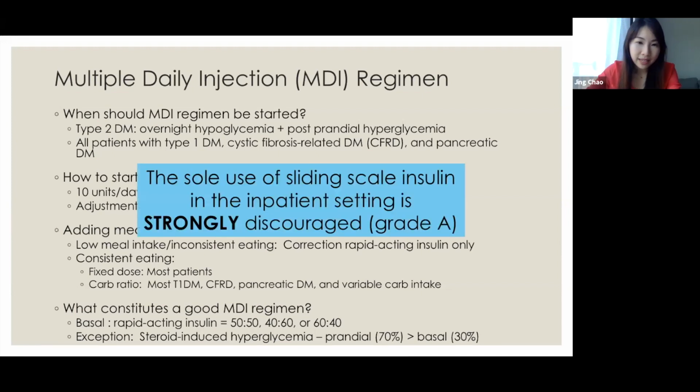So at this moment, I want to stop and give you a word of caution. As a sophisticated clinician, you need to know that the sole use of sliding scale insulin in the inpatient setting or also in the outpatient setting is strongly discouraged.